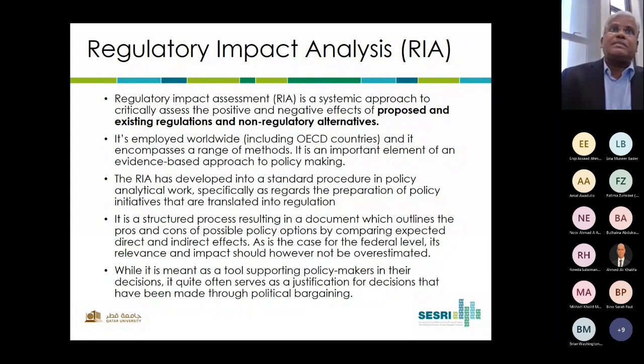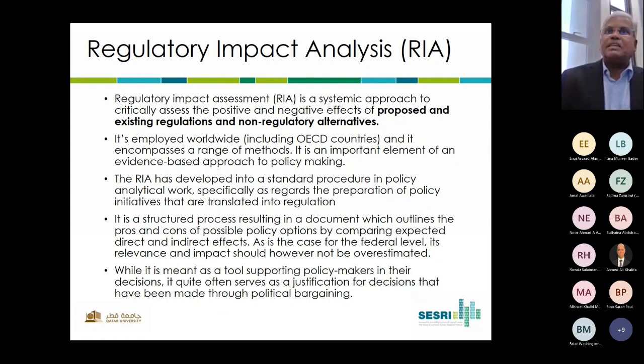And it encompasses a range of methods. It's an important element of an evidence-based approach to policy making in regulatory policies. The RIA has developed into a standard procedure in policy analytical work, especially as regards the preparation of policy initiatives that are translated into regulation.